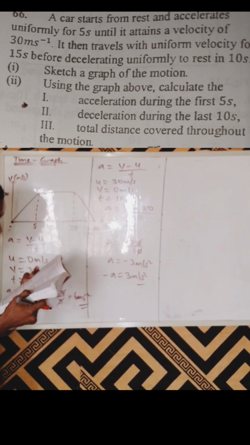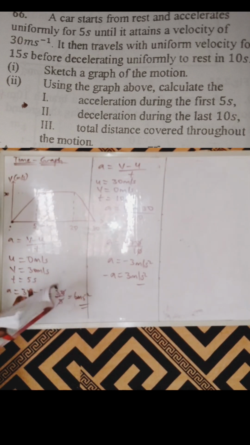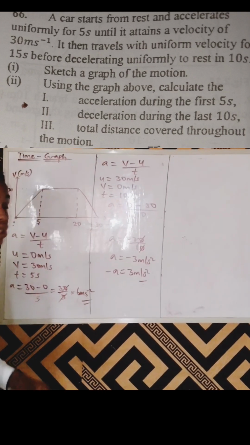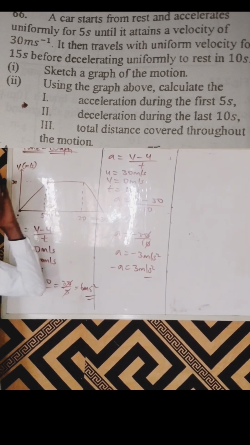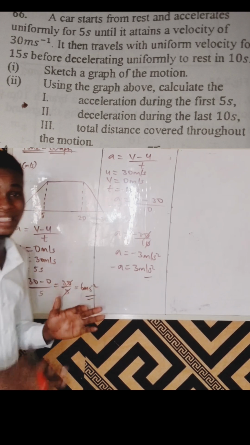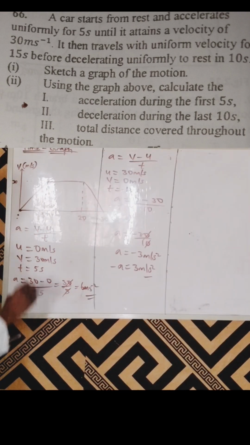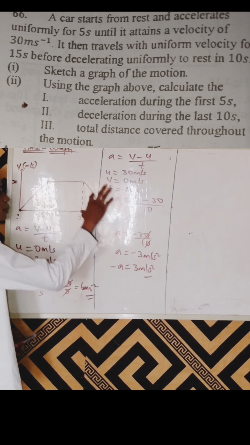In the next one, you have to calculate the total distance traveled throughout the entire motion. Anytime they ask you to calculate distance traveled in a velocity-time graph, you find the area of the shape that is given.